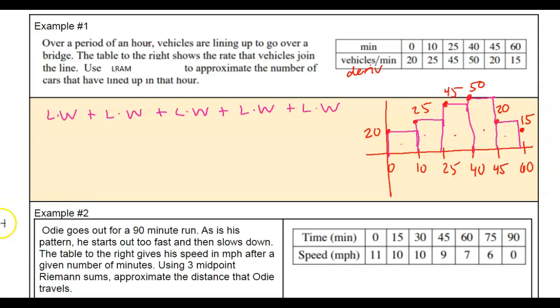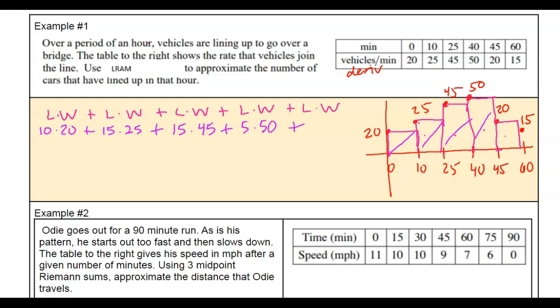So then on my first one, it's 10 times its height, which is going to be that 20. And then that is 15 times its height, 25. And then that's 15 apart times its height, 45. And so it's just you knowing what value to use. That's only 5, and its height is 50.